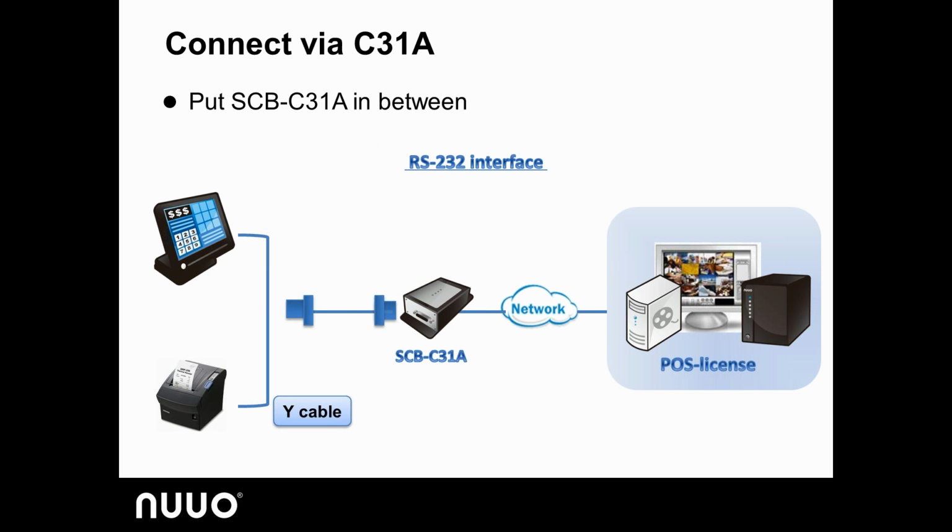So this is a very simple picture of how the POS machine connects to the NVRsolo through the C31A. You just connect the POS machine to the C31A using the RS-232 interface, and you connect the C31A to your network with the Ethernet cable.